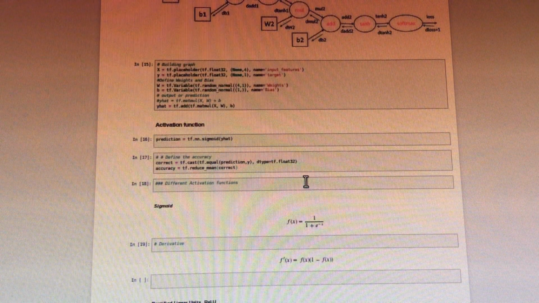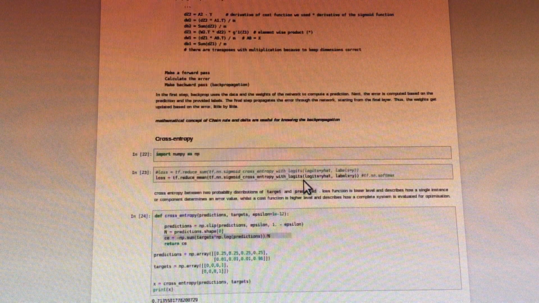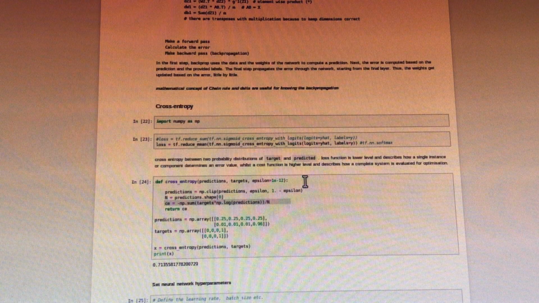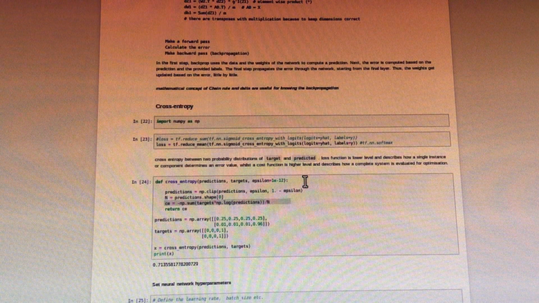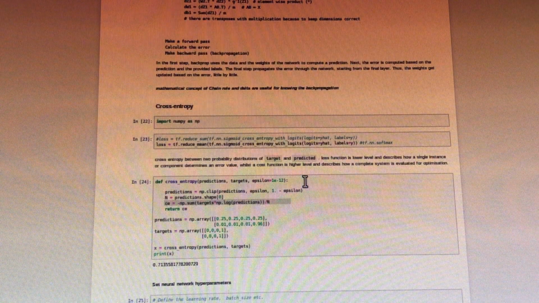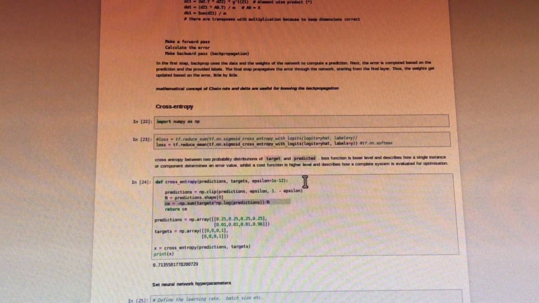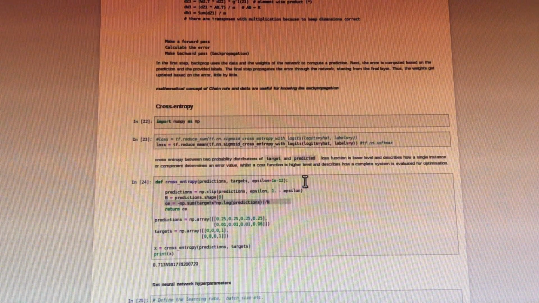Now this error that we are talking about at this moment, the loss, the error, or the cost for one layer, will be averaged out to multiple layers in this network.